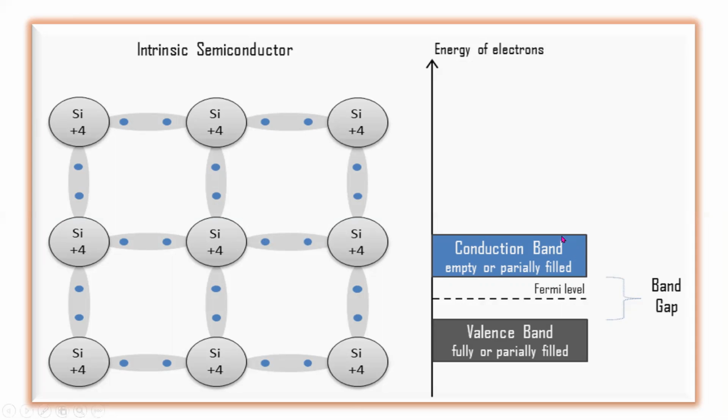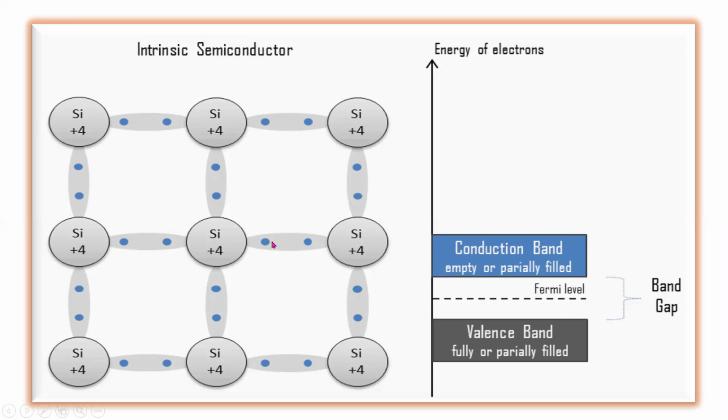If we go to the conduction band and valence band, pure semiconductors are insulators at absolute zero temperature. As the temperature increases, the electrons absorb energy and are excited to a higher energy state, so the conductivity of the material increases.